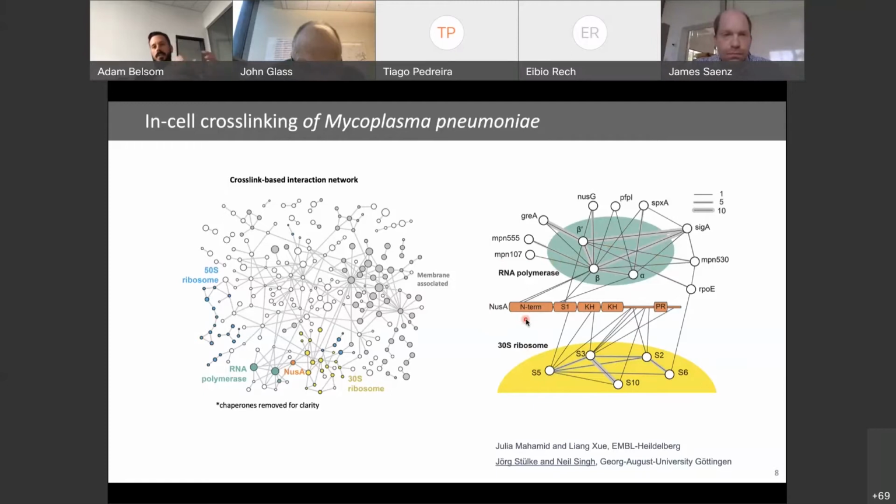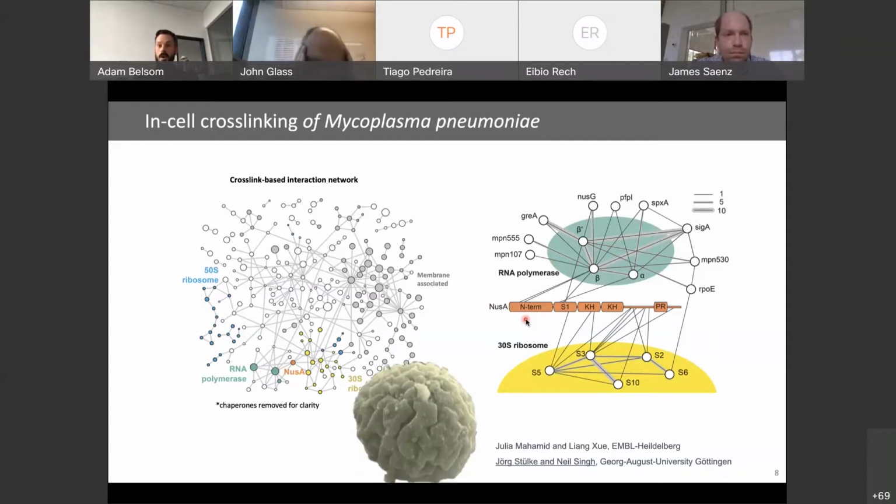Combining the cross-linking data with cryo-EM, we were able to match the density from the cryo-EM to NUS-A. So it could really be shown that there was this coupling of transcription and translation in Mycoplasma pneumoniae.